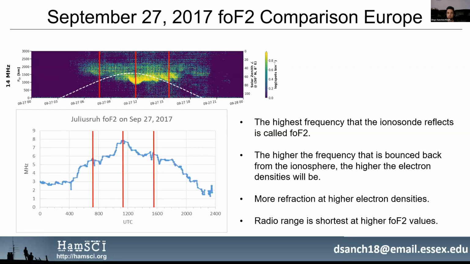And then again for September 27, we see this time over Juliusruh in Europe. Again, they line up very, very well, same times. As the foF2 values go up, we see a decrease in the actual distance of the ham radio spots.